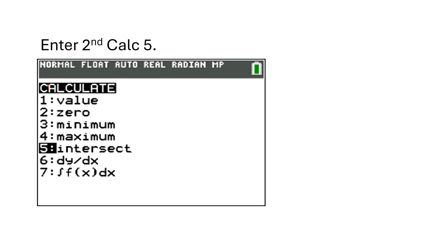So then we're going to look for the intersection. We're going to go to second CALC, which is the shift of the trace key, and select 5 again.